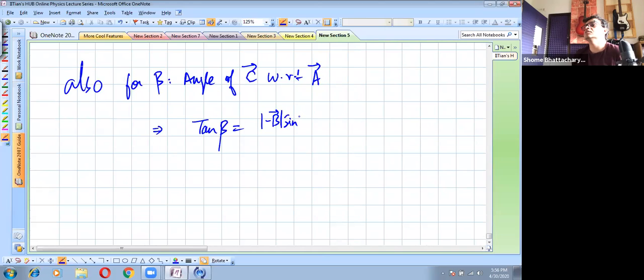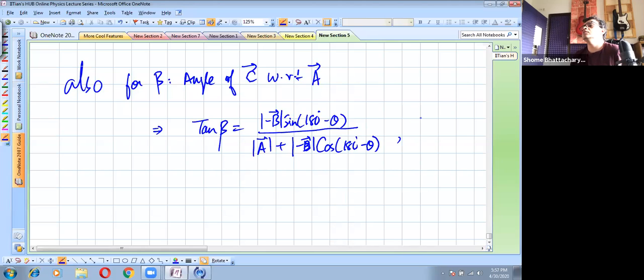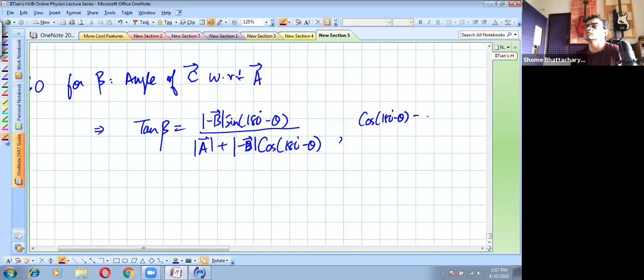So that angle is 180 minus theta, divided by magnitude of A plus magnitude of minus B into cos of the same angle, 180 minus theta. Okay. So now in this also you know that cos of 180 minus theta is minus cos theta, whereas sine of 180 minus theta is positive sine theta.